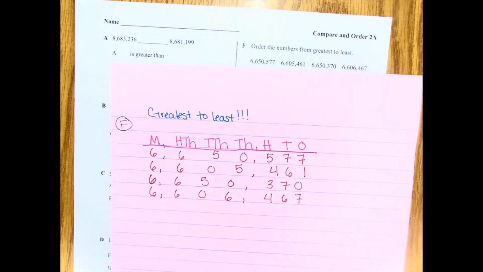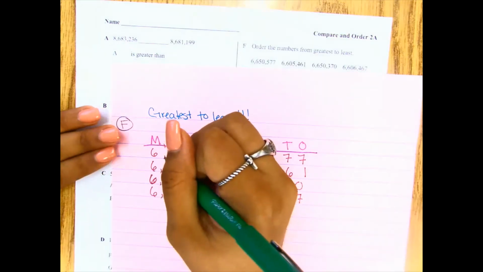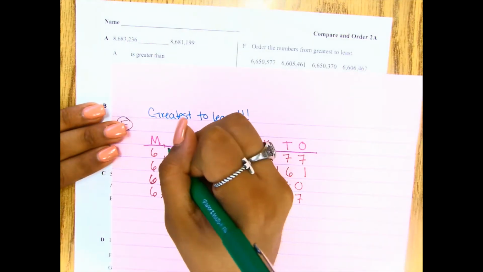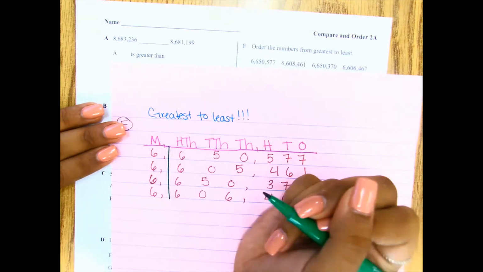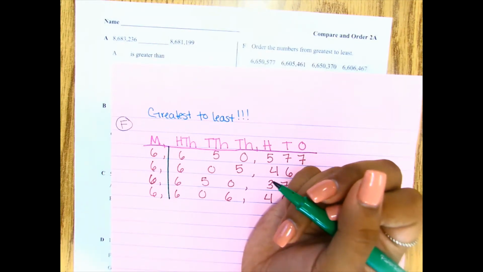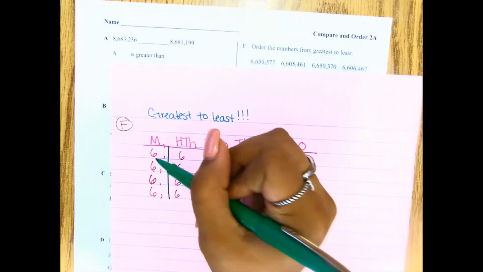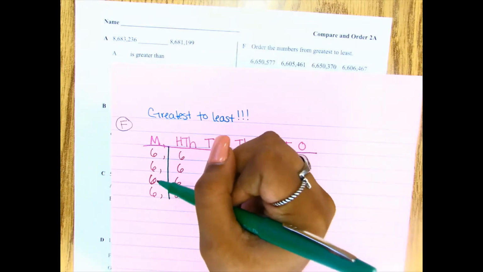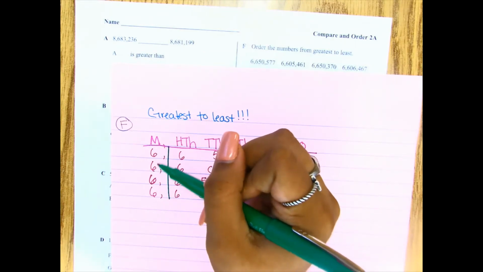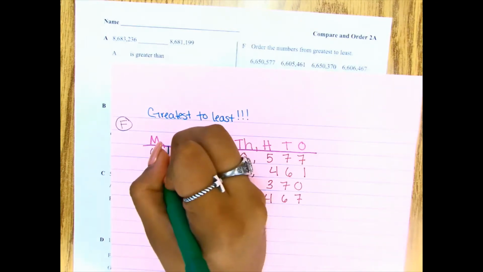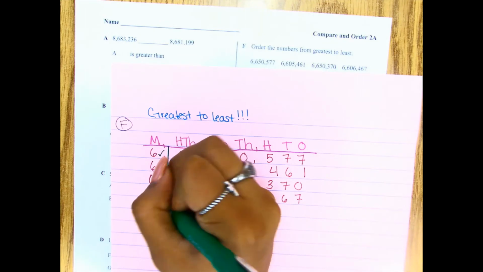I'm going to draw a line here because I am looking at my millions place. Now I need to look. Is there any number in here that tells me that it's greater than or less than? Let me see. It's 6. They're all 6s. They're all the same. They're equal. Does this tell me which one is greater and which one's less?